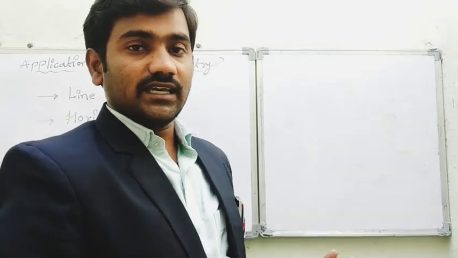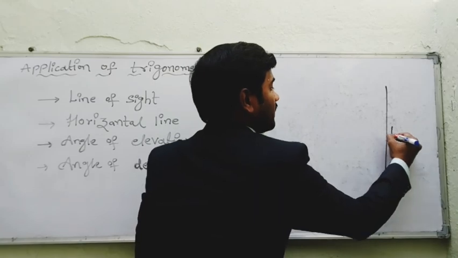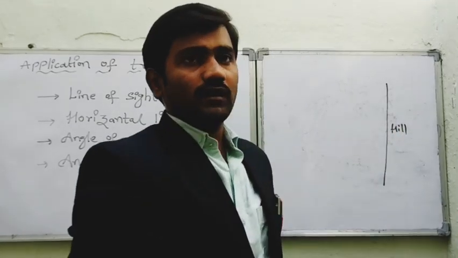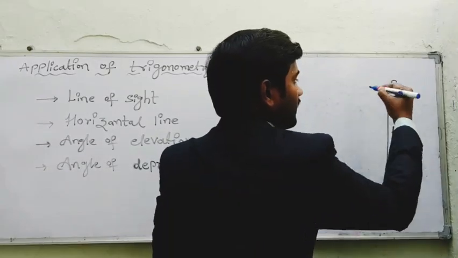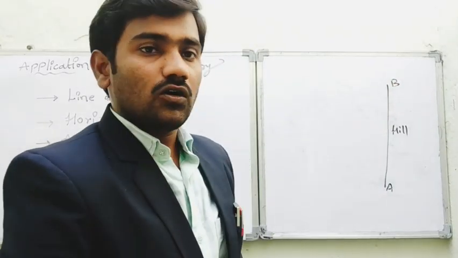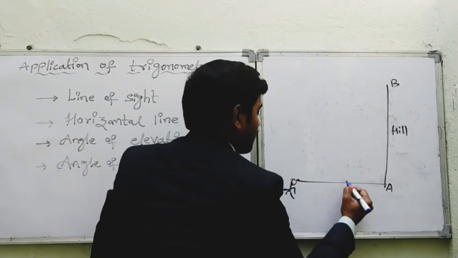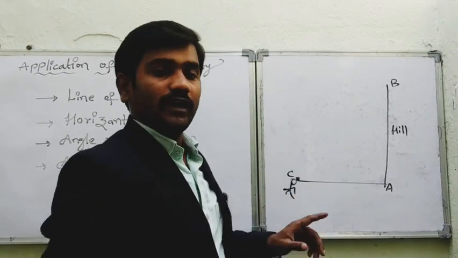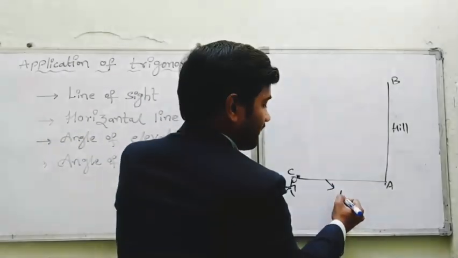So let us take the same example, one more example. Suppose here it is a hill. Let us name this hill AB. Here, at the point C, there is an observer.